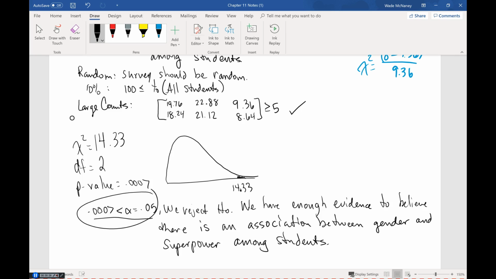We believe there is an association between gender and superpower preference among students. So we got a significant result. We rejected the null. What do we have to do? We have to do our follow-up analysis.